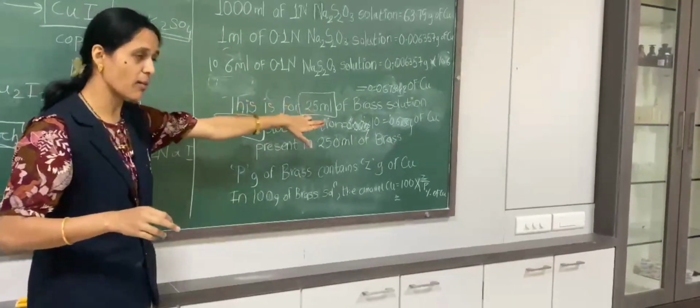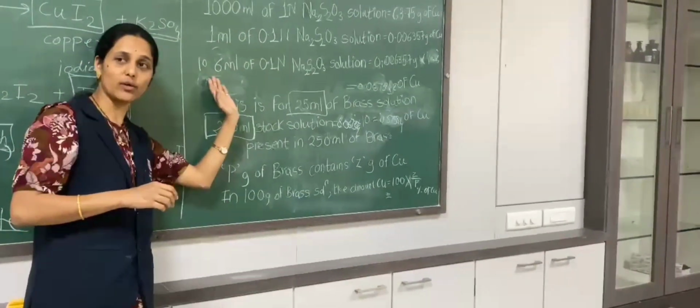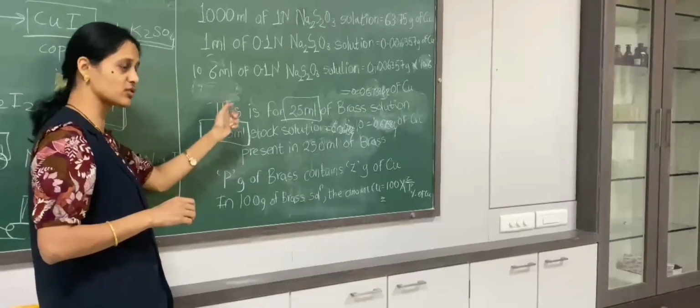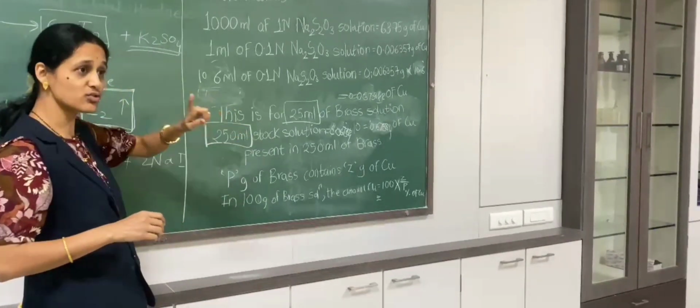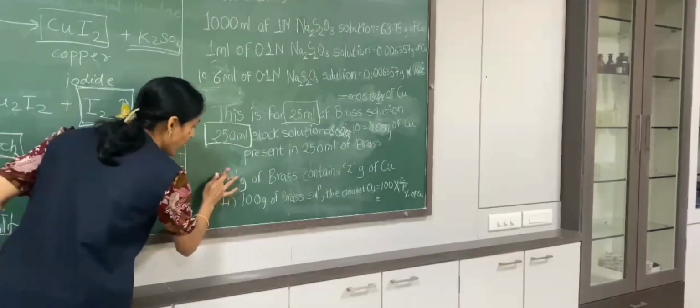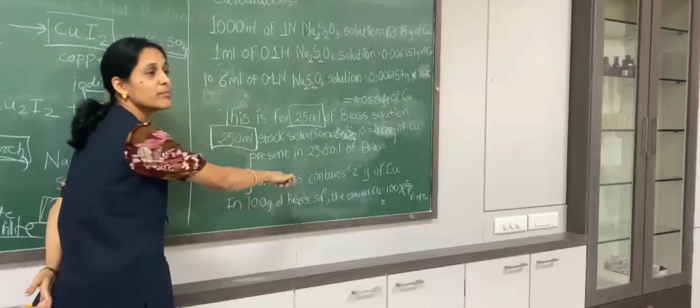This copper, estimated from the 250 ml brass stock solution, is from 1 gram of brass.